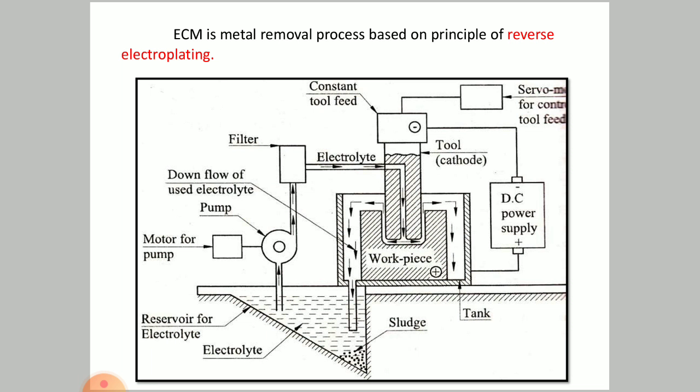In short, as per Faraday's law of electrolysis, the duration for which the current is supplied is proportional to the amount of material dissociated from the workpiece. Depending upon this principle of Faraday's law, it is utilized to remove material from the surface of the workpiece.